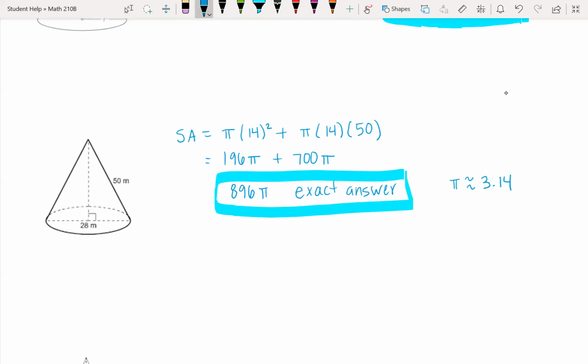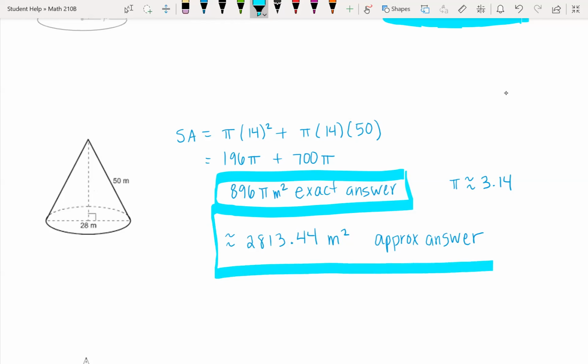I'm getting that the approximate answer is 2813.44. Oh, I forgot my units. It's going to be meters squared, right? This is the approximate answer because we've rounded pi. You'd have meters squared in here. So just make sure that you know how to get both of those answers.